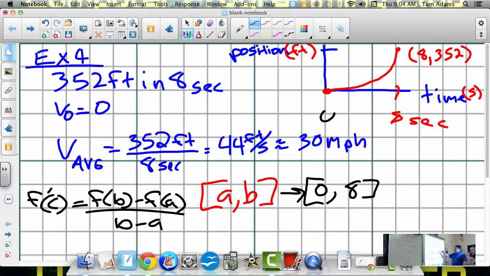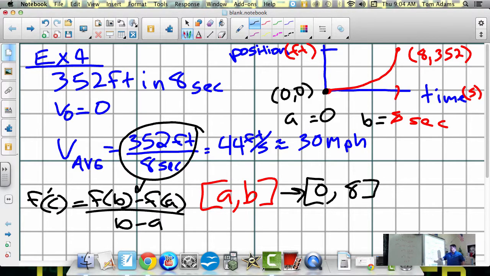So you can think of this as being A, and this as being B. And if we plugged all the points in, because I have this point here, which is 0, 0, guess what I would have? This. And then if I reduce it, it comes out to about 30 miles per hour.